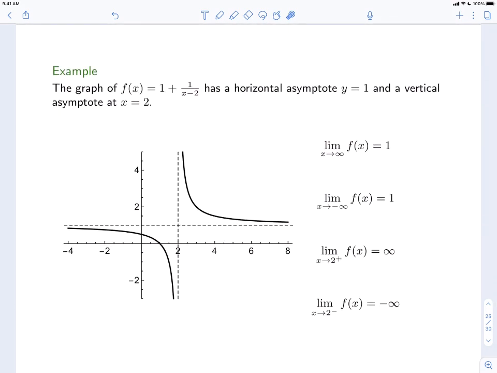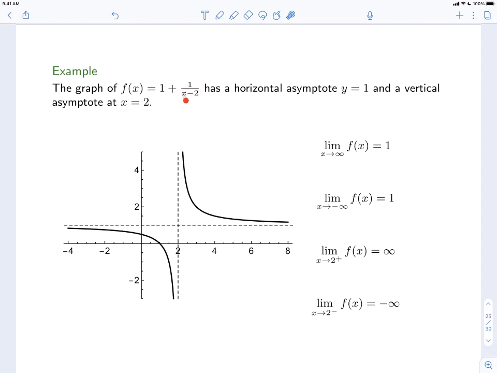The graph of f at x equals 1 plus 1 over x minus 2 has a horizontal asymptote at y equals 1 and a vertical asymptote at x equals 2. So if we look at the limit as x grows larger and larger without bound, that means we're moving to the right. And you can see from the formula that if x is growing larger and larger, then this term, 1 over x minus 2, is going to become arbitrarily small, because as x grows larger and larger, the denominator is becoming huge, and therefore 1 over that denominator is becoming negligible.